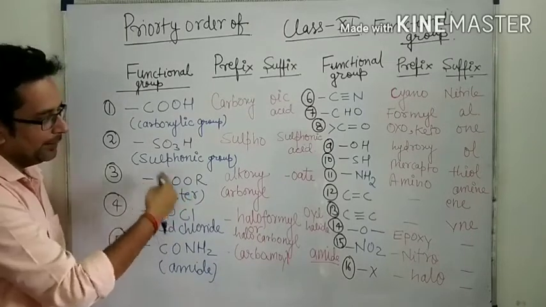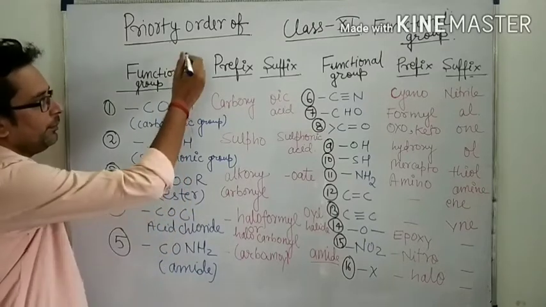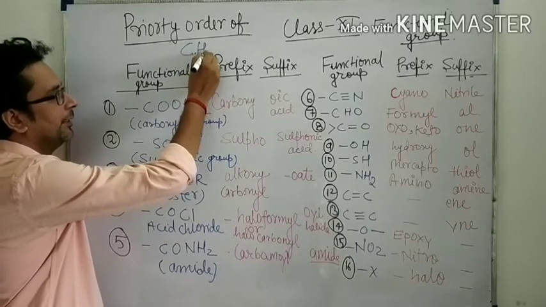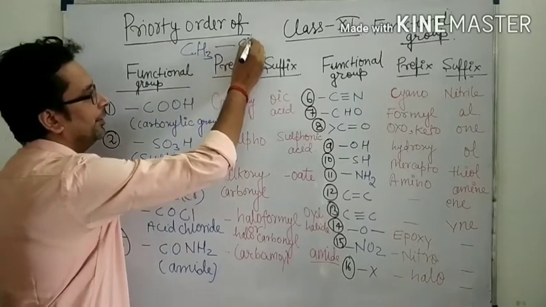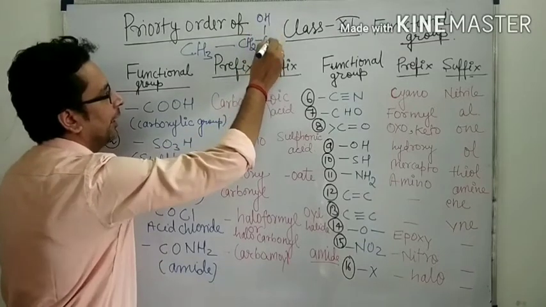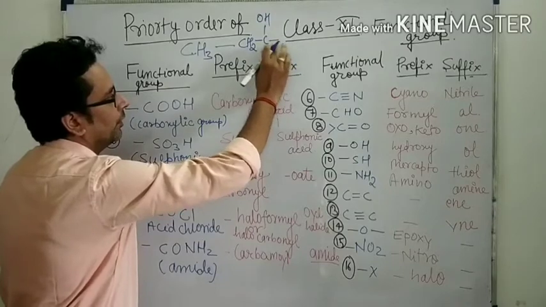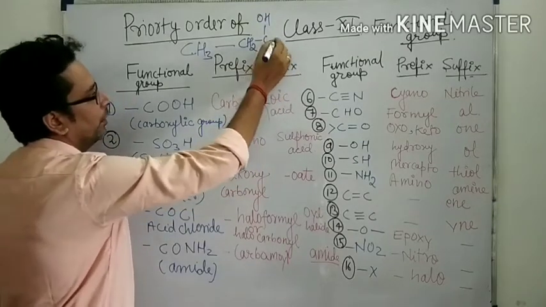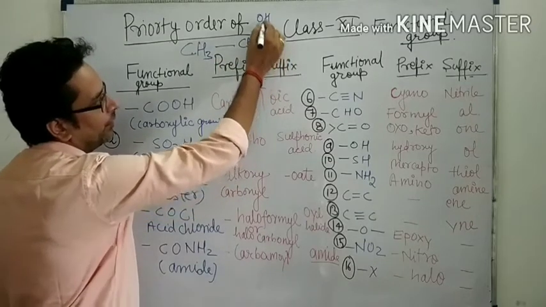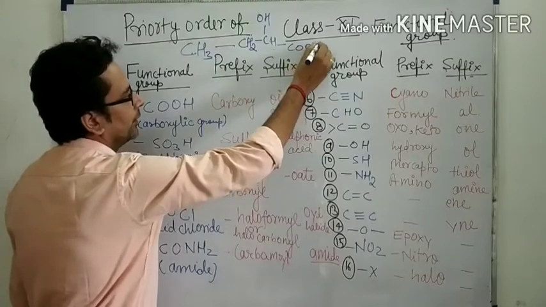Now in short, I will discuss this with one example. Suppose a compound CH3, CH2, COH, CH, COOH.